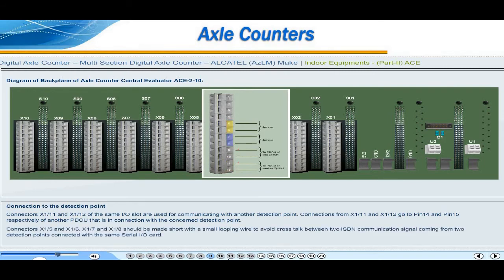Connectors X1/5 and X1/6, X1/7 and X1/8 should be shorted with a small looping wire to avoid crosstalk between two ISDN communication signals coming from two detection points connected with the same serial input-output card.